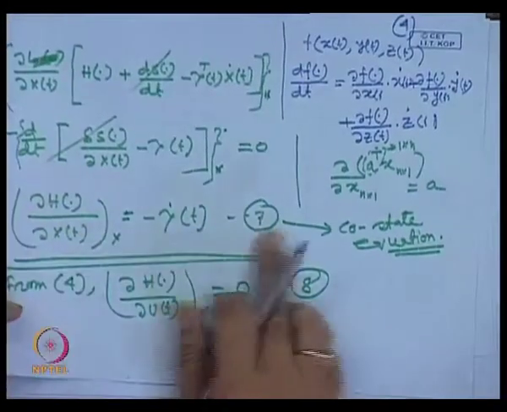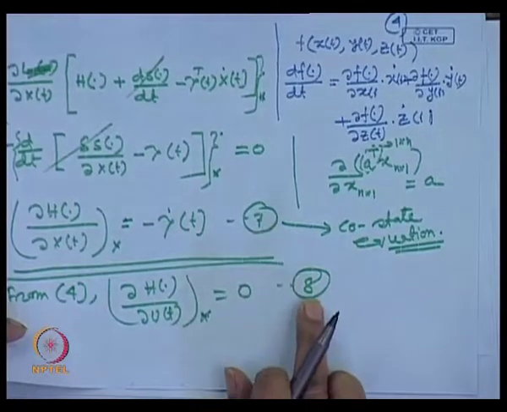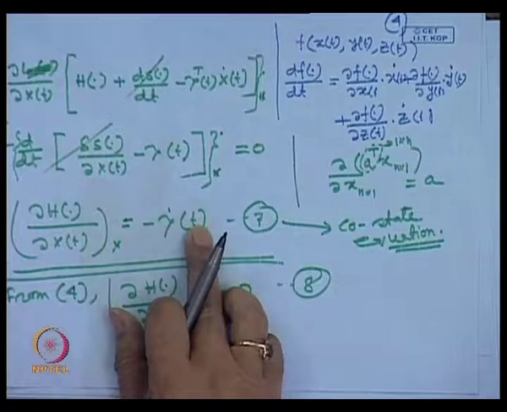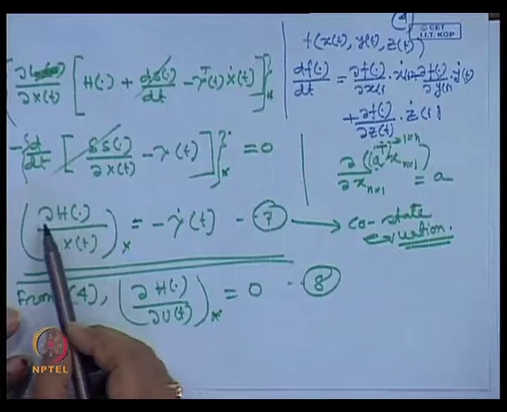This is equation 7, 8: del H del x is equal to minus lambda dot of t, when the system dynamics is expressed in state space form. We can solve this using the Hamiltonian function, where the Lagrangian function is expressed in Hamiltonian form.